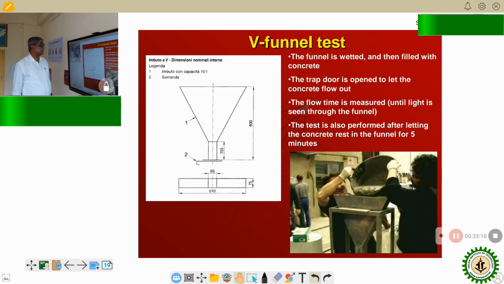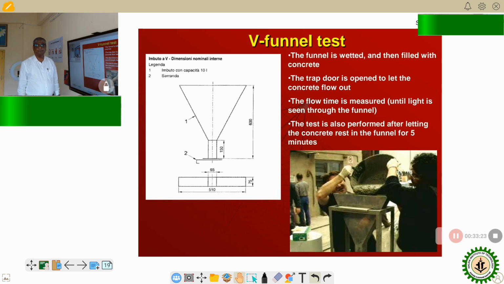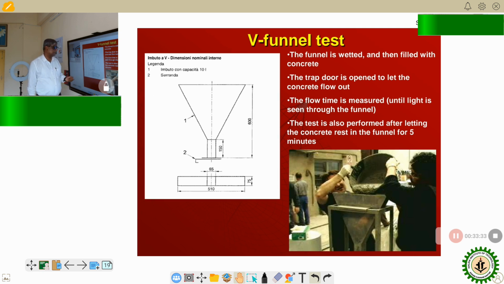This is one test, the V funnel test. The V funnel is a funnel-type apparatus, and before pouring concrete you can lock the bottom. You lock the bottom, then you pour the concrete, and then you remove the lock. Just remove this plate.